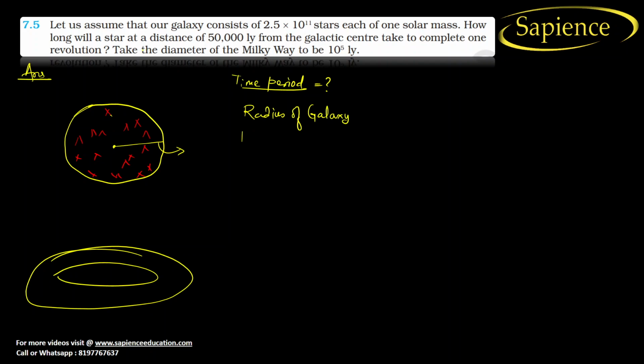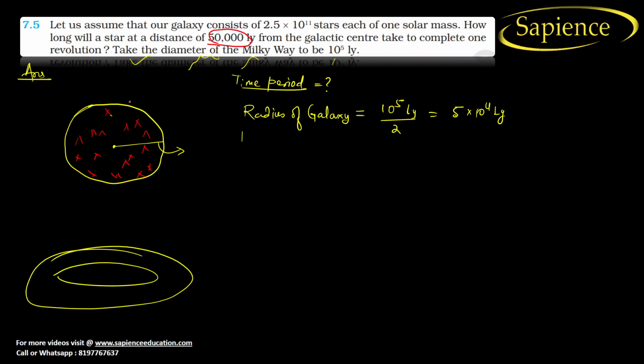Here they have taken the diameter of the Milky Way galaxy to be 10^5 light years. So the radius of the galaxy will be 10^5 light years divided by 2, which is 5 × 10^4 light years.